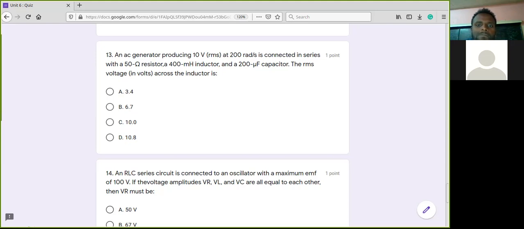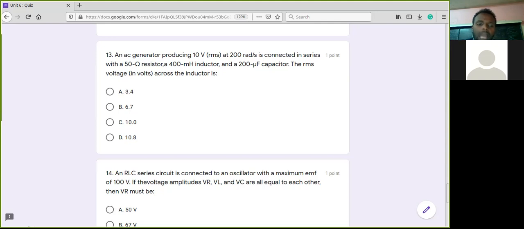How do you calculate this? What is the voltage across the inductor? We have to calculate XL and XC again. Do you remember the total voltage is the square root of the real voltage squared plus the square of VL minus VC?